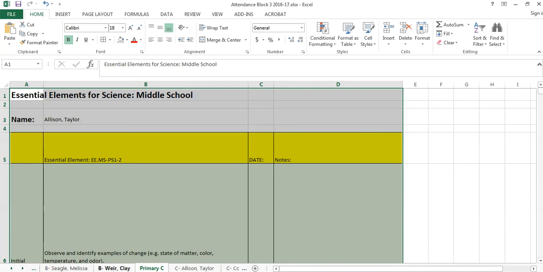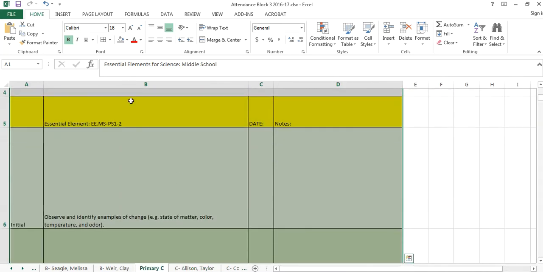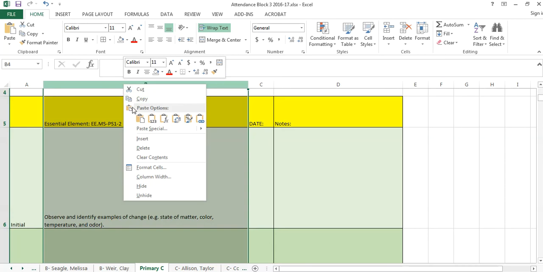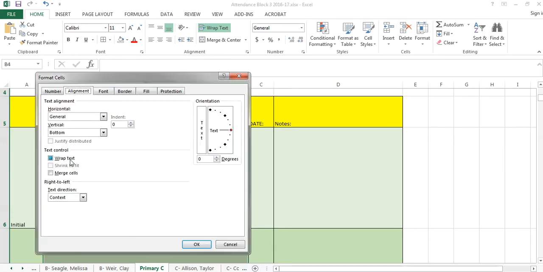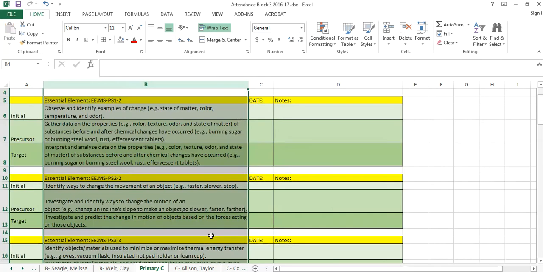I don't know if that looks right, but in essence, I would just be putting the notes on one page and having them fill on the other pages. So I don't know if that makes sense.